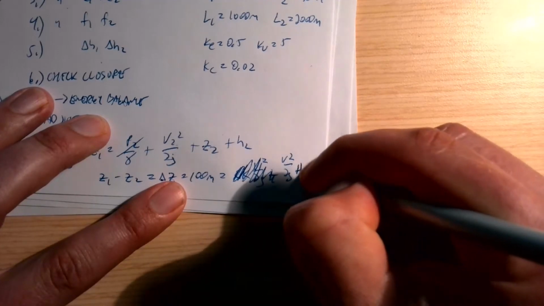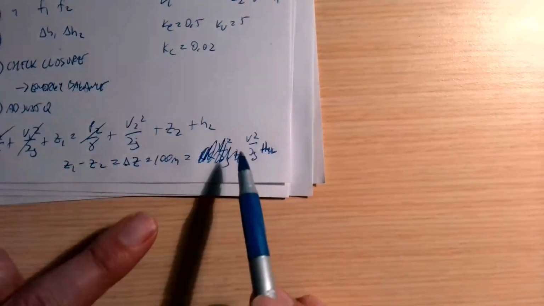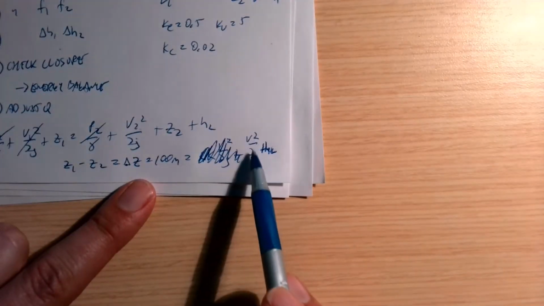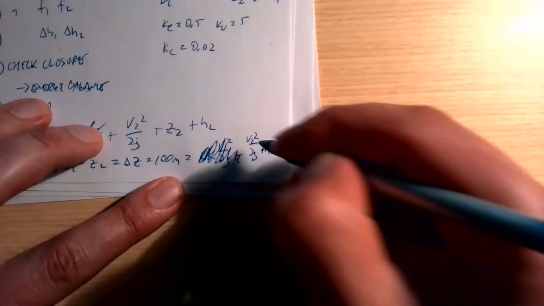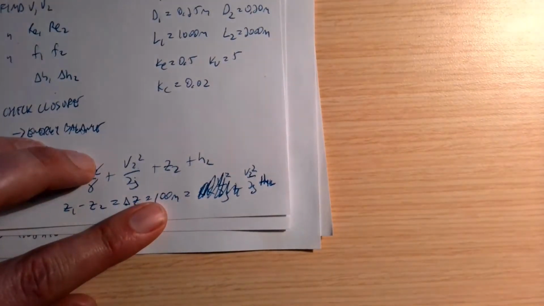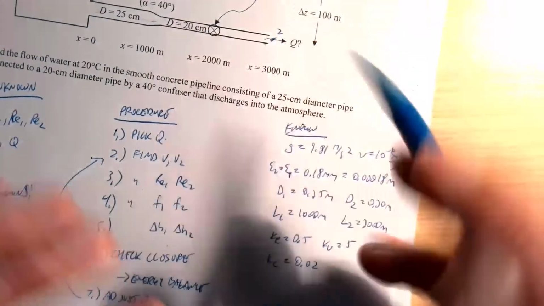I'm out of room here, so I'm going to have to write it again anyway. V squared over 2g, V2 squared, that is, at the end of the second pipe, plus whatever head losses. There are head losses in the first pipe and in the second one. So I'm going to write all that out on the next page and work with that.